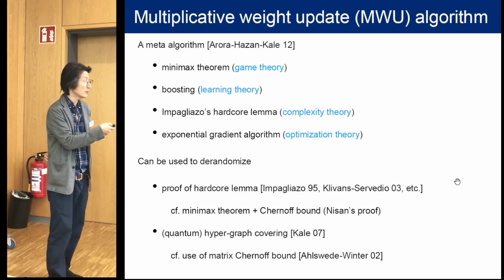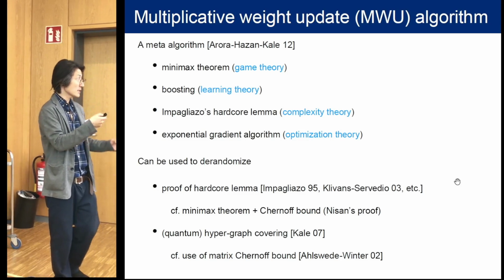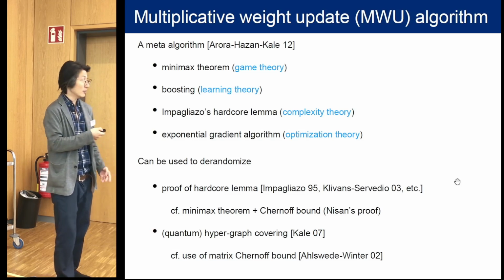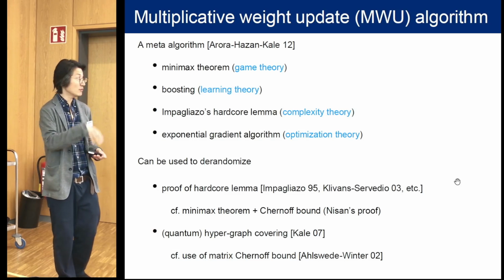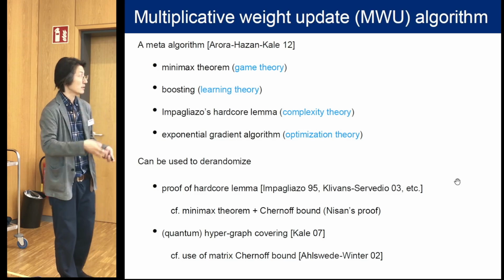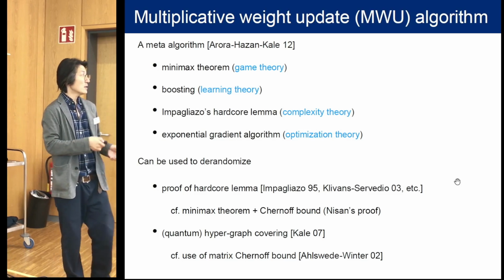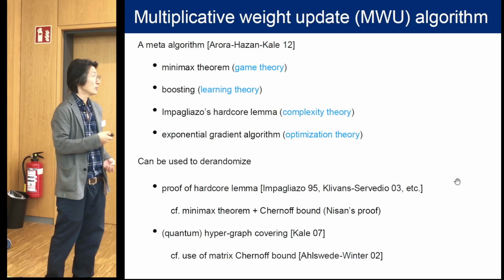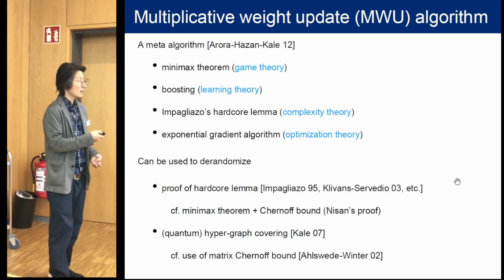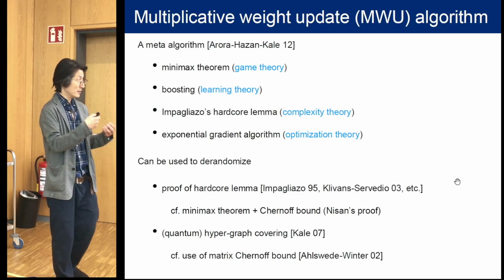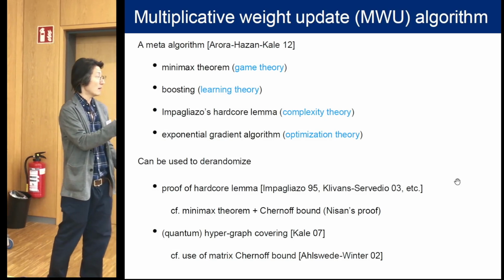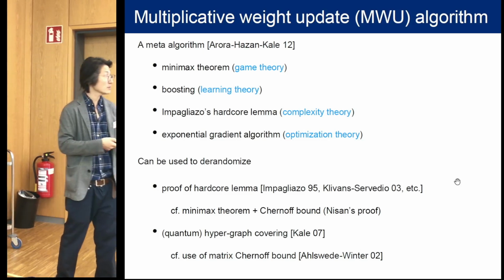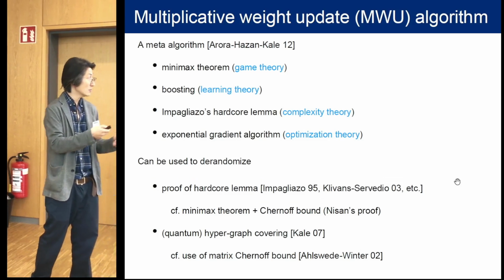We can prove this lemma by combining the minimax theorem and Chernoff bound, so using a probabilistic method, but we can also prove it using the MWU algorithm. In fact, Impagliazzo's original proof is a kind of deterministic proof, and the MWU algorithm can be regarded as an abstraction of it.